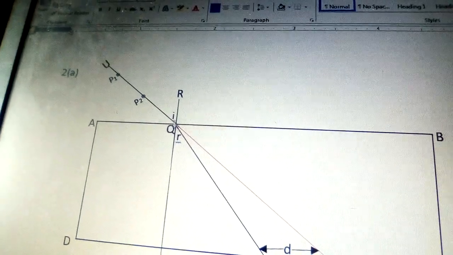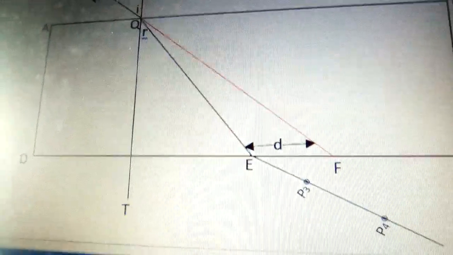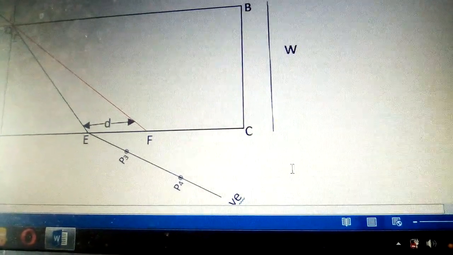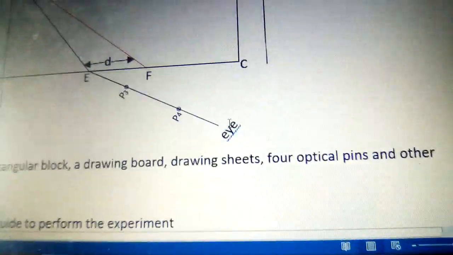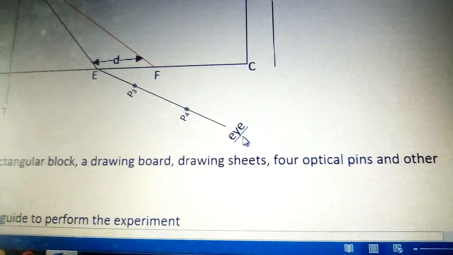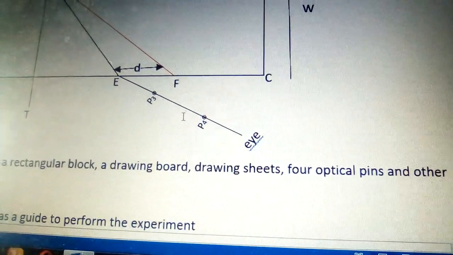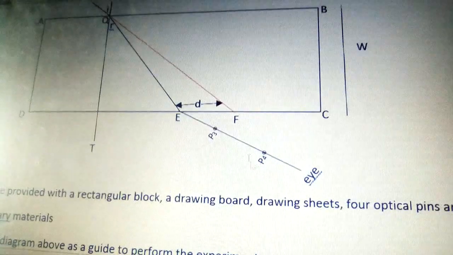When we have done that, we'll now go to the face DC, and then we view the image from the prism, the eye position, and try to use the search pin to get the image of the pin in a straight line.